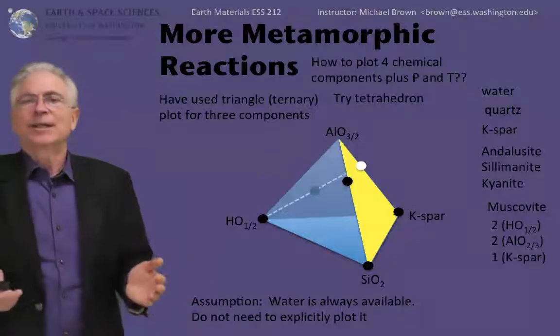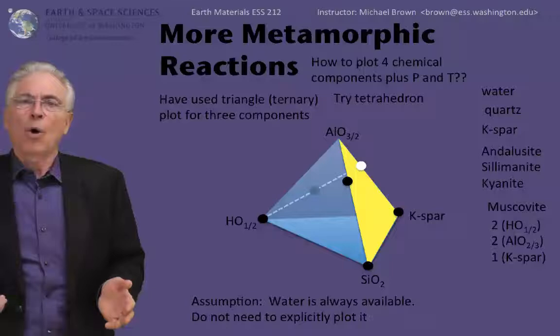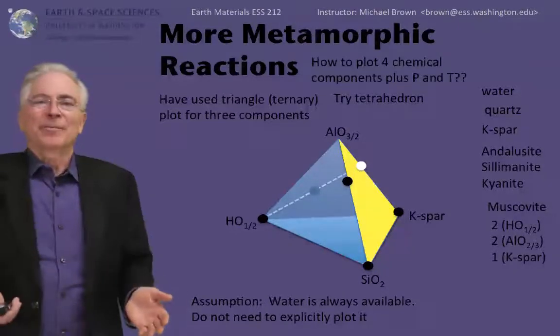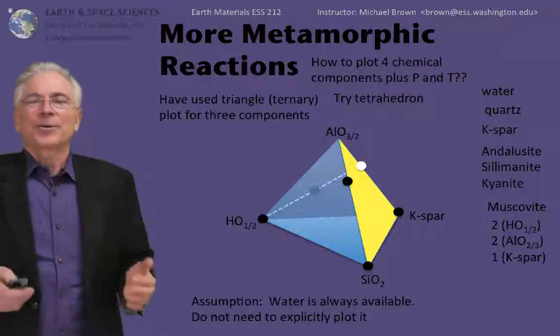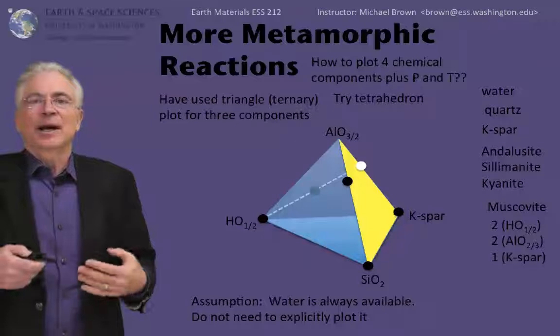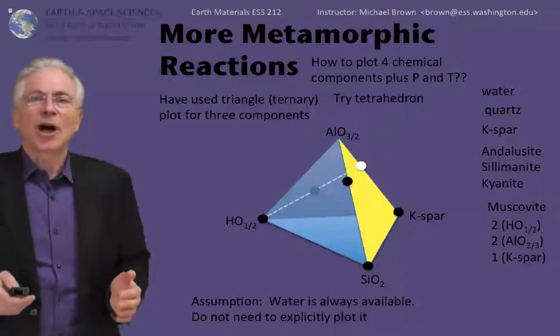Now, why do we do this? Why can we get away with this? Well, the assumption is that water is always present on Earth. Whenever we have a metamorphic reaction, water is around to get sucked up to be incorporated into the crystal structures. We don't explicitly need to plot water.